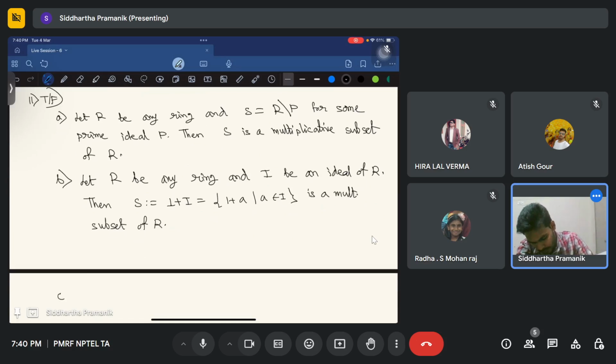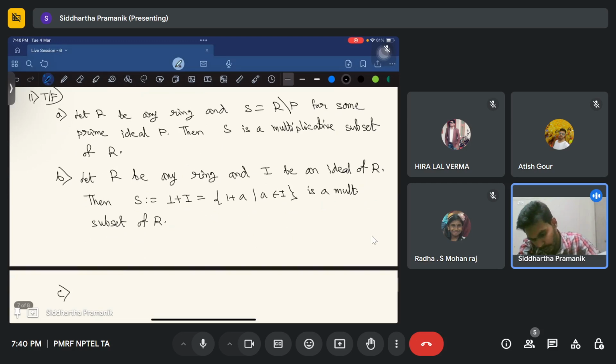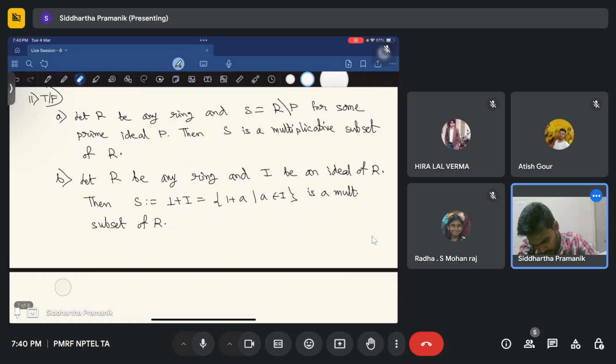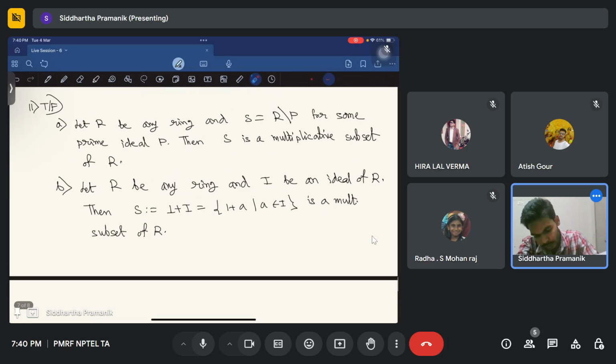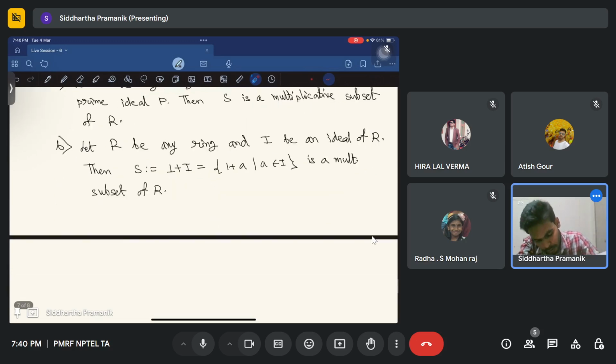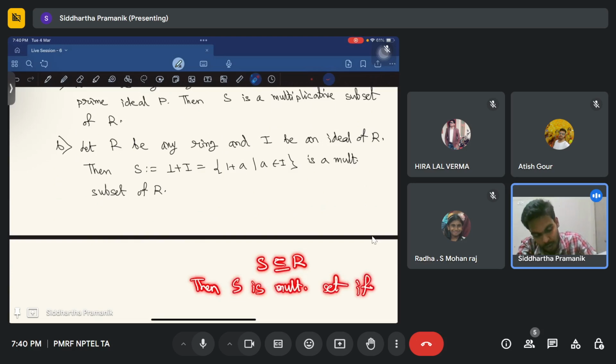Now C. Okay, let's do these two things. Try to think about these two. Try the first one. So what is a multiplicative set? If S is a subset of R, then S is a multiplicative set if it satisfies two conditions, right?